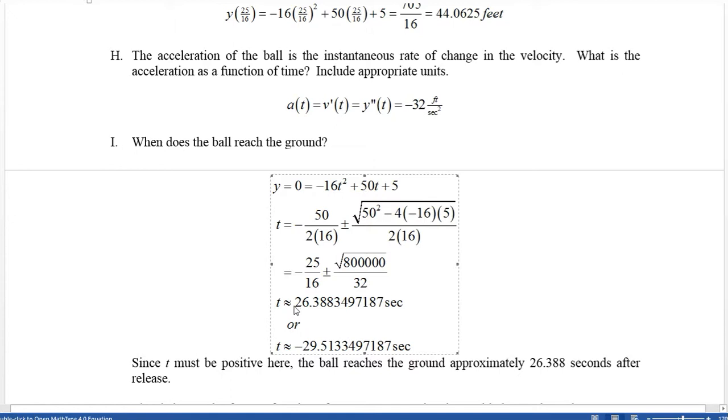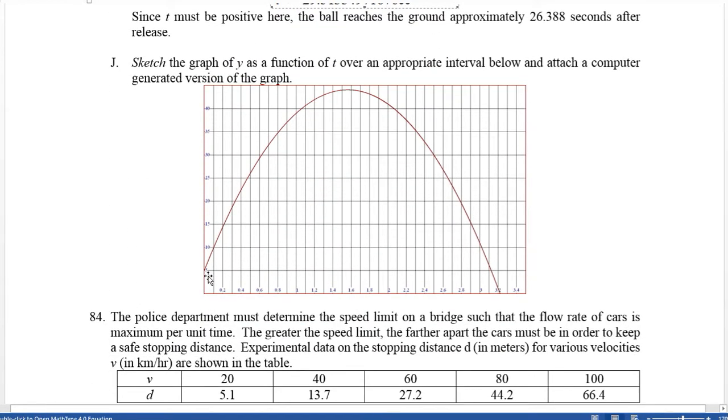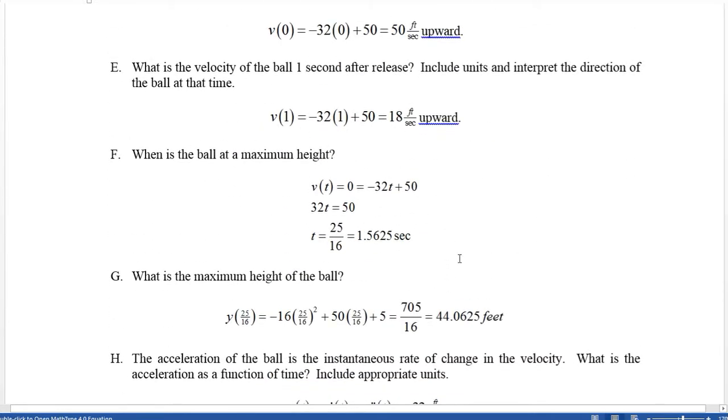So the domain is actually from 0 to this 26.388 whatever seconds here. And so if we graph it, we only graph it from that point. So we only graph for positive y's and positive heights. And then we only graph from 0 to that point where it hits the ground, hits the x-axis. And if we pick an appropriate y, well, you can see the maximum height was 44 point something.